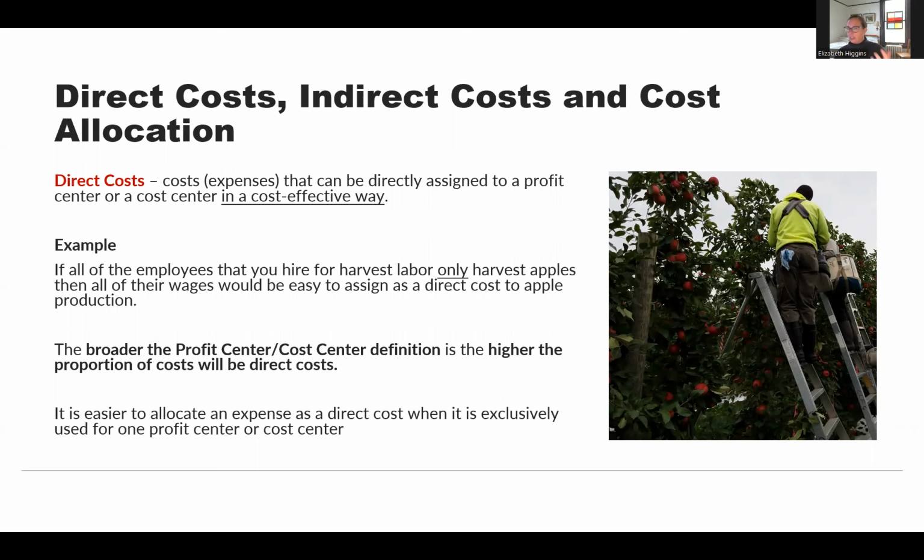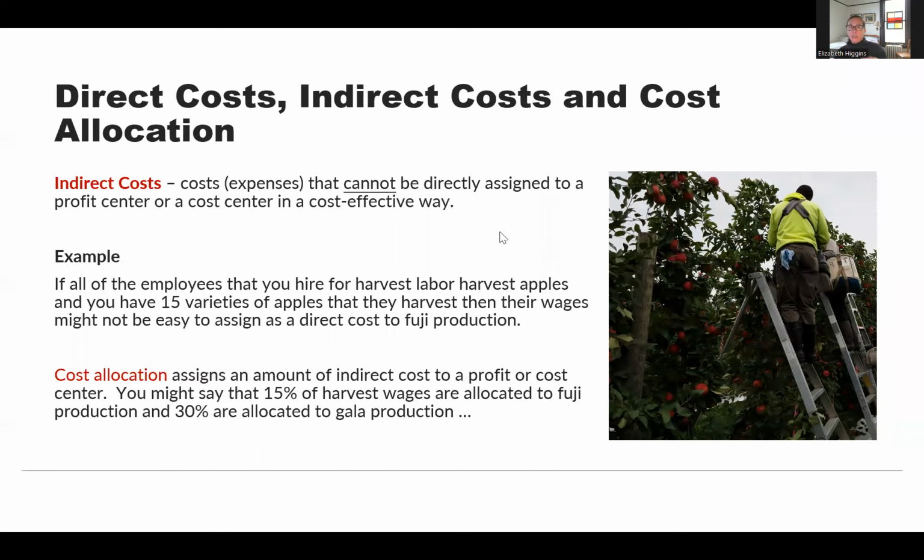So that's the idea of a direct cost: those costs that are specific to a specific cost center, and the key really is cost effective. And I'll touch more on that in a second.